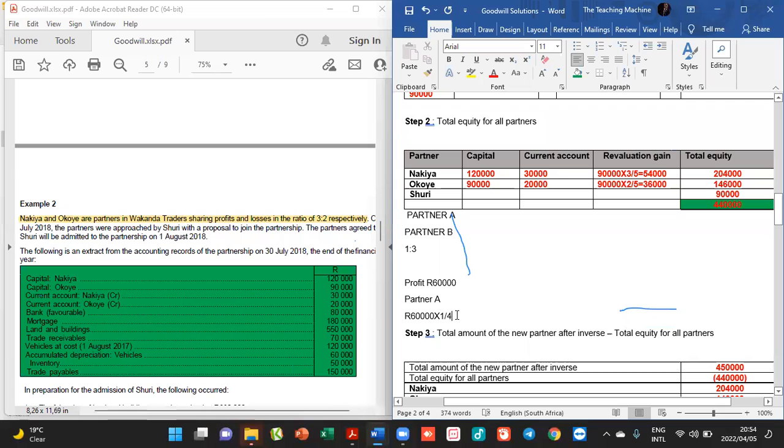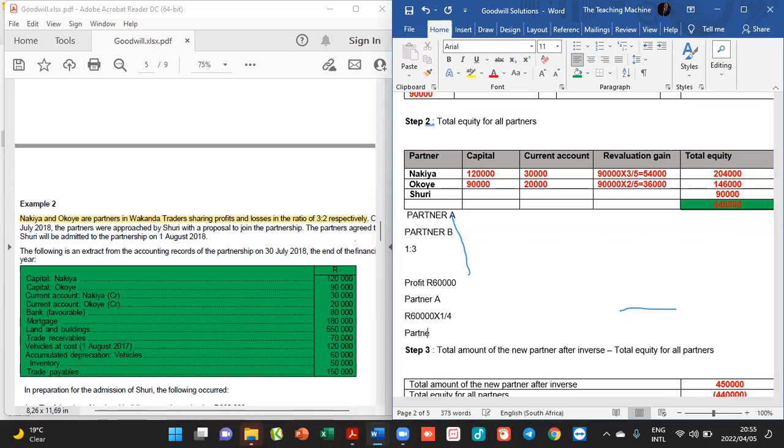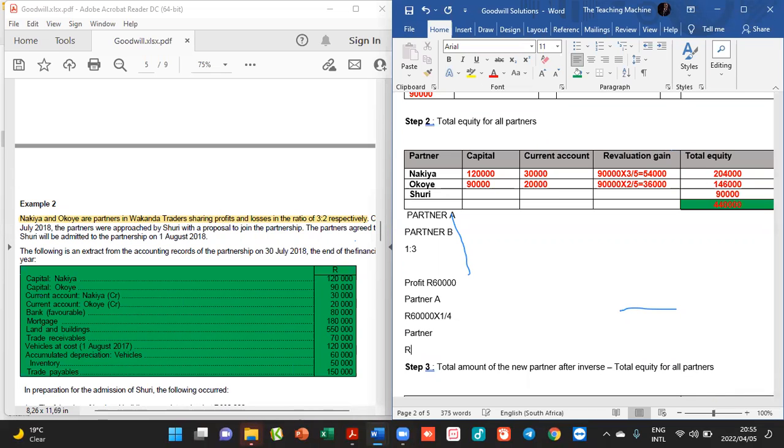With partner B, this is how we're going to share their profit: 60,000 multiply 3/4, because the ratio is 1:3. This is for partner A and this is for partner B. Now, coming back to this example, it says Nakia and Okoye are partners in Wakanda Traders, sharing profit and losses in the ratio of 3:2.